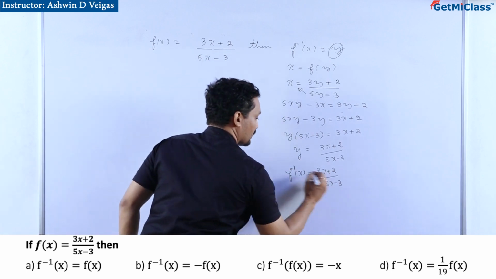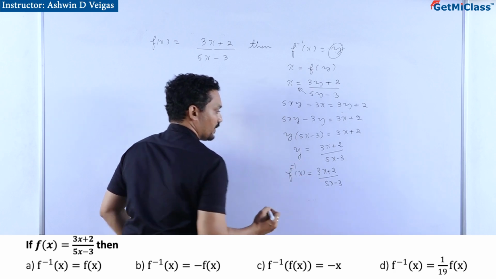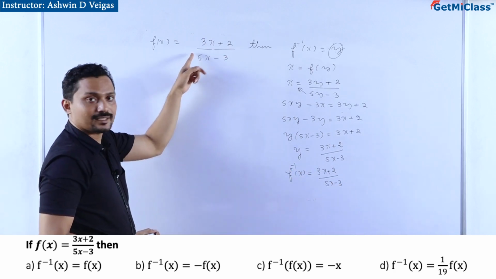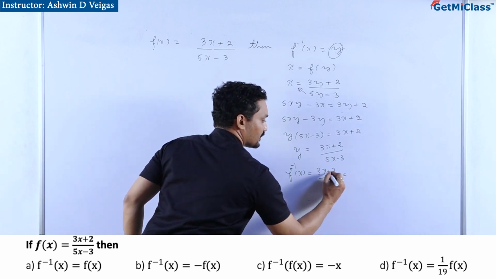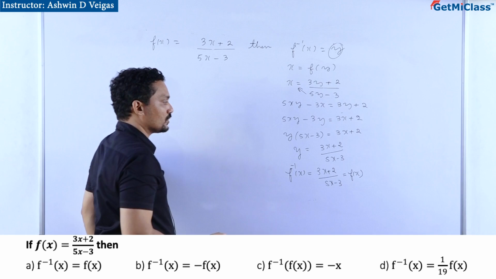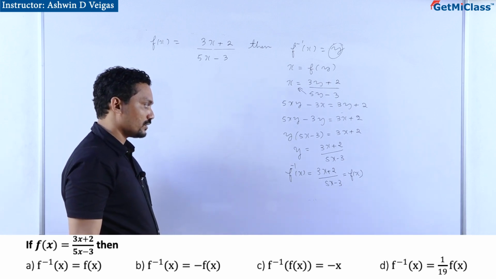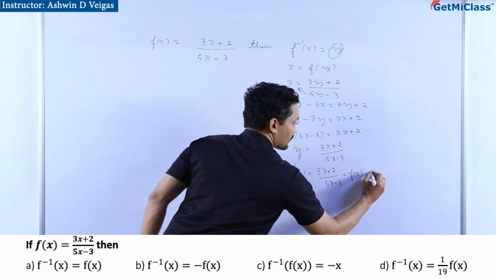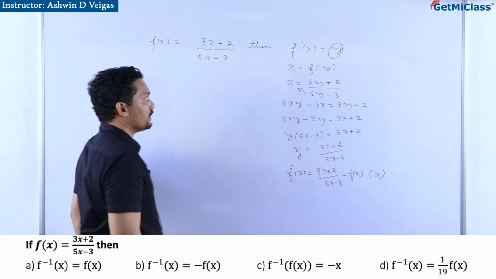That means, this is f inverse of x, and this appears exactly the same as f of x. So, we will get f inverse of x is equal to f of x. Therefore, option A is the answer.